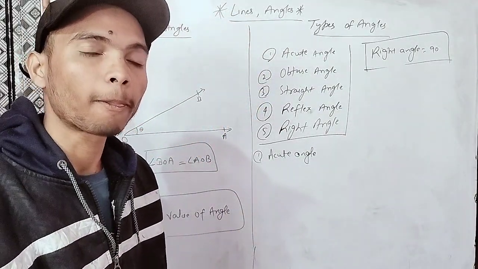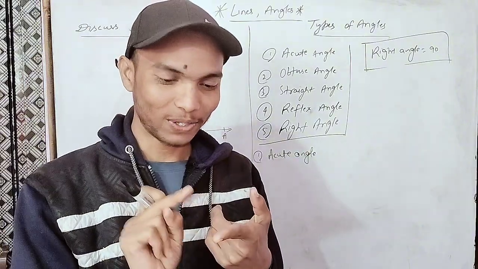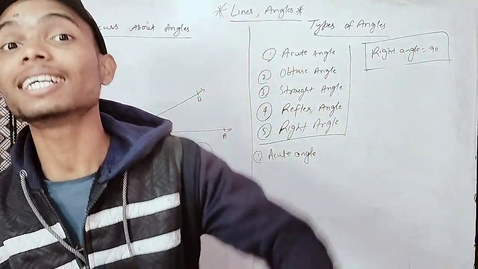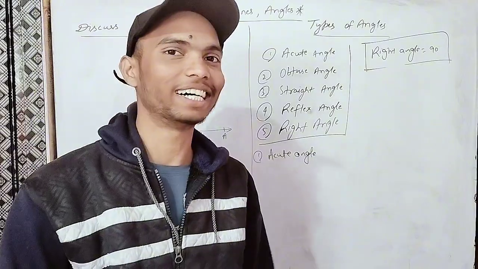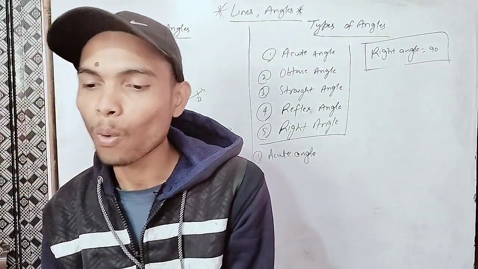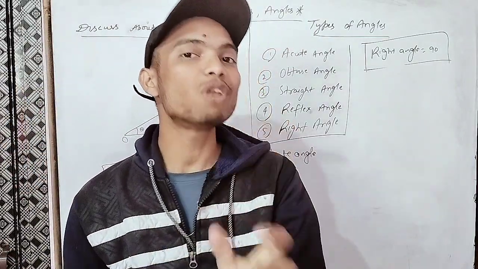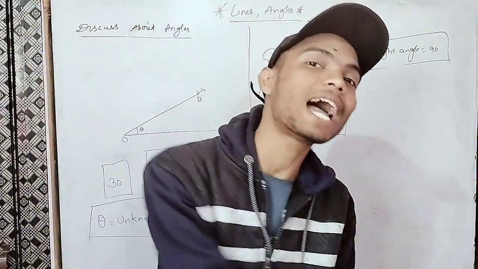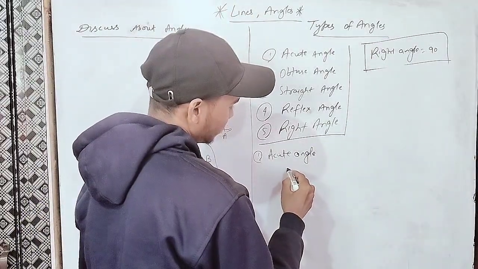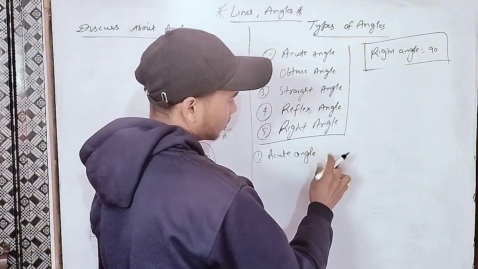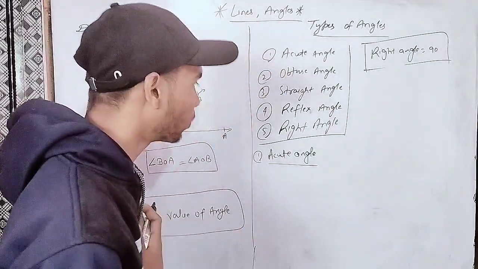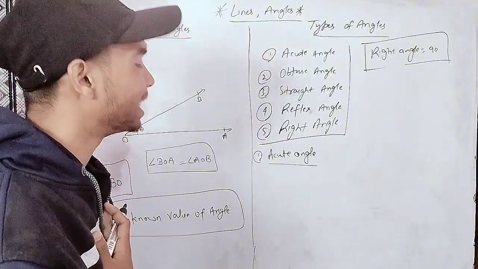It says that you will have an angle with a value less than 90 degrees. Are you understanding? So we can say that for an acute angle, we will have a value of angle less than a right angle.